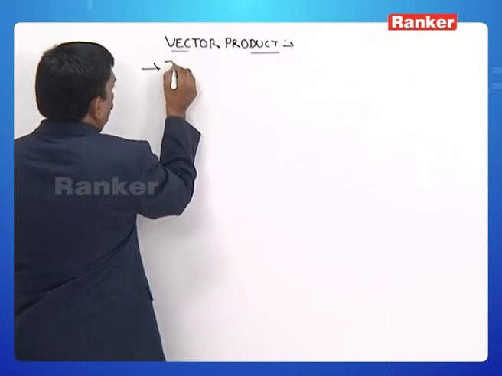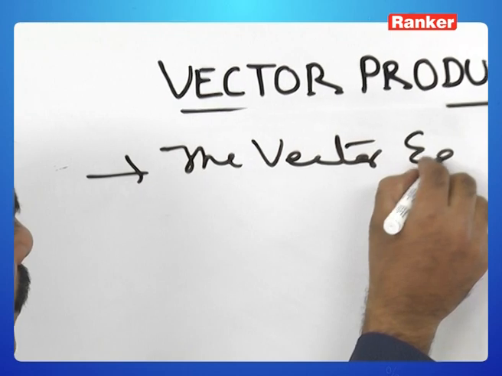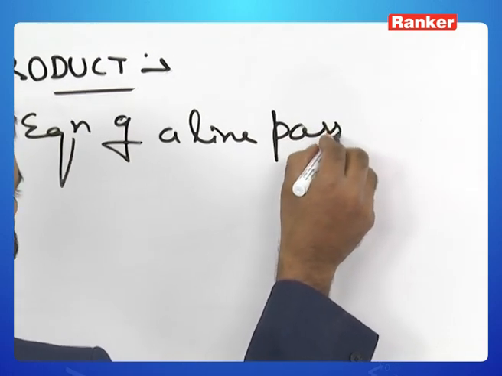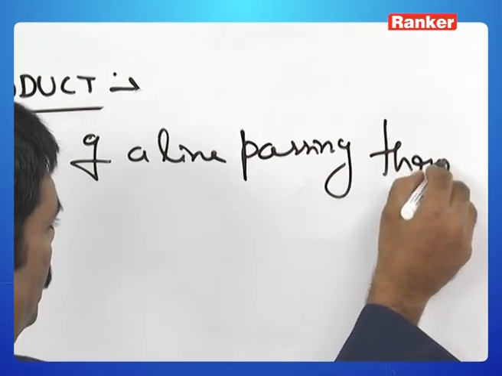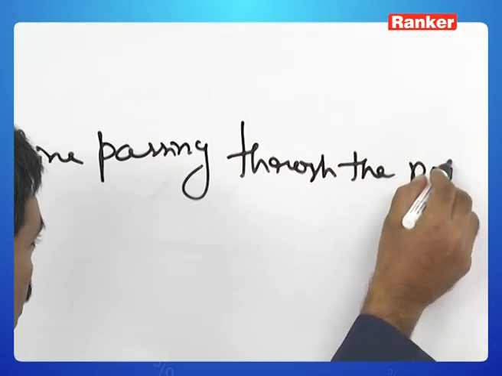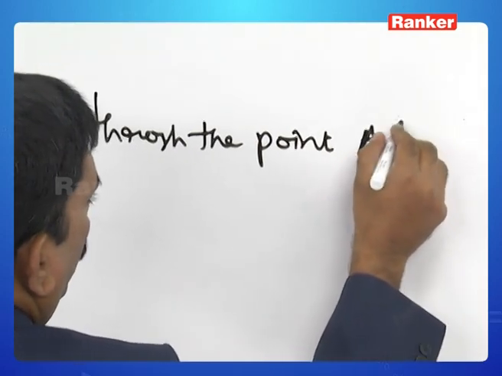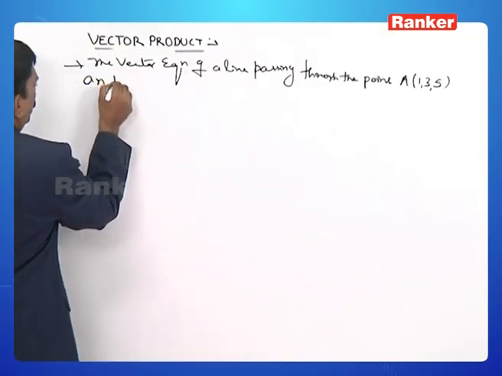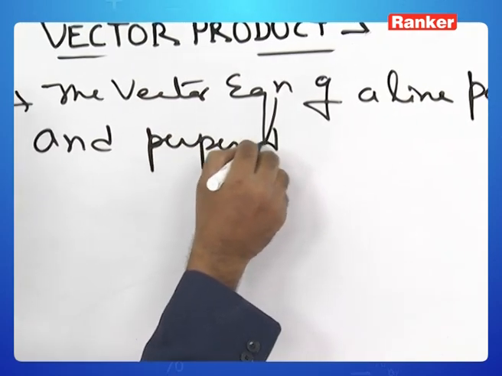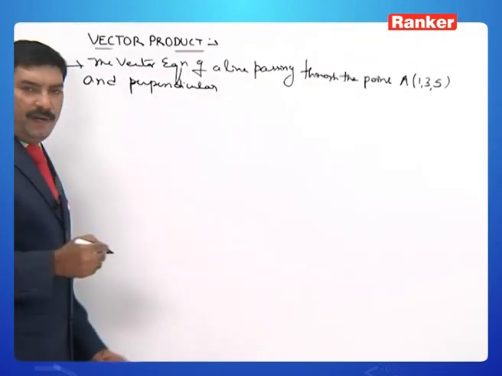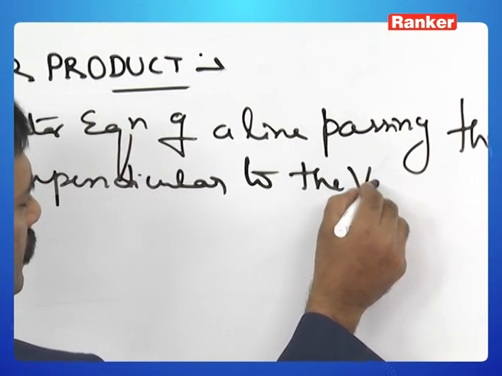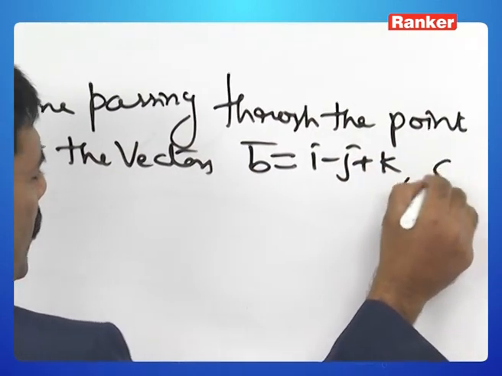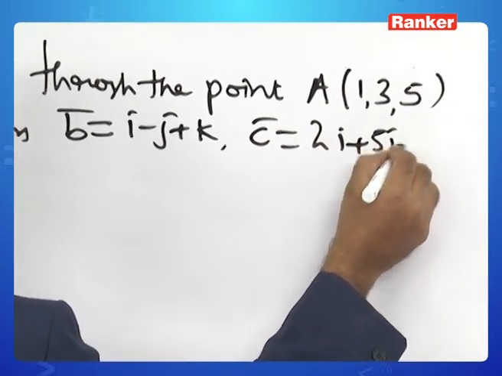The vector equation of a line passing through the point A of 1, 3, 5 and perpendicular to the vectors B bar equals i minus j plus k, C bar equals 2i plus 5j minus k.